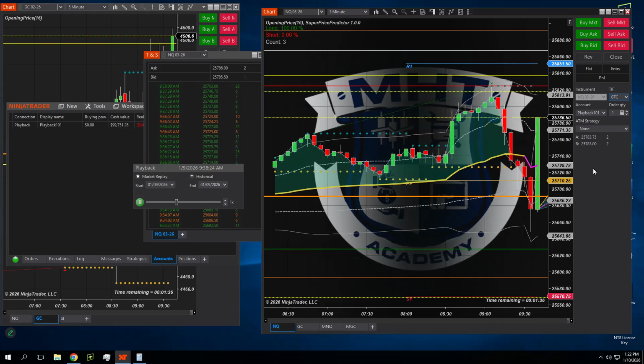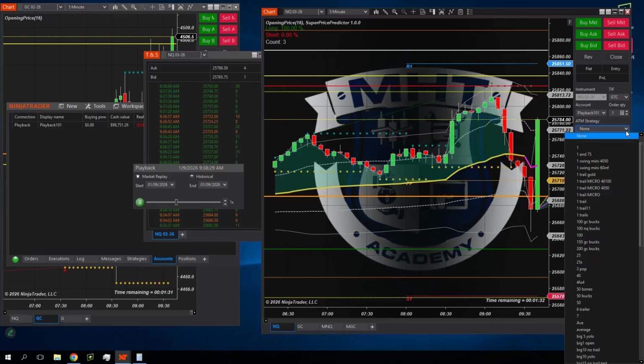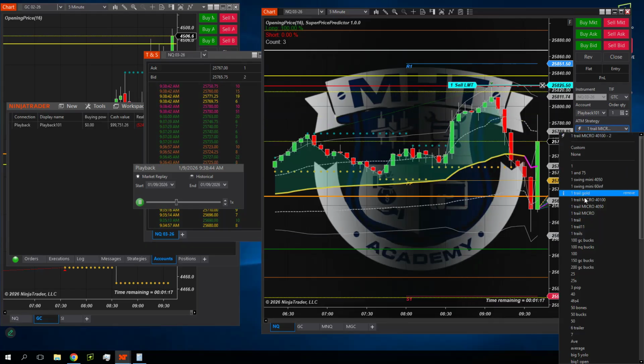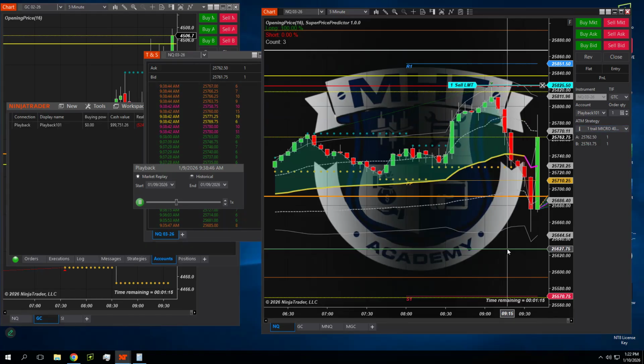I use that when I trade overnight. So when I place an overnight trade, even if it's the same ATM strategy, let's pick Trail Micro. I would put a resting order here. Submitted. So if the market comes up here, I'm going to get a sell. And I'll go to an ATM strategy, it could be the same one, and say if the market comes down here, I'll buy. Submitted.